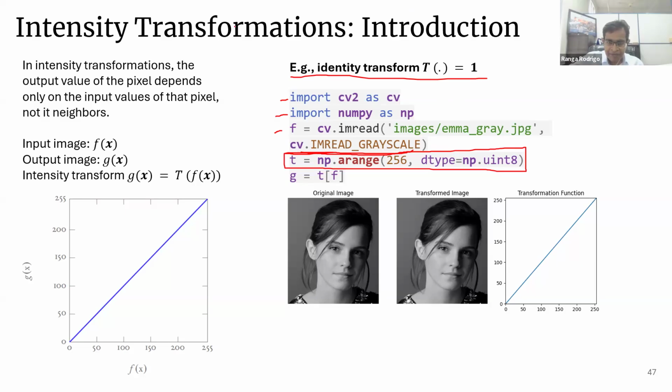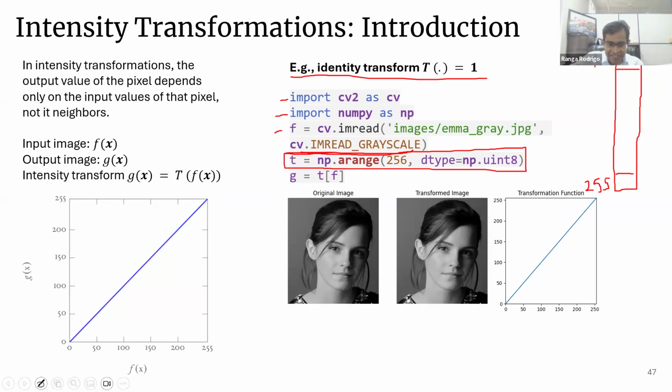Let me draw it. So consider this as that array. This is my T. So it has 0th location, location number 1, and the last location is 255. So therefore you can see it has 256 locations.